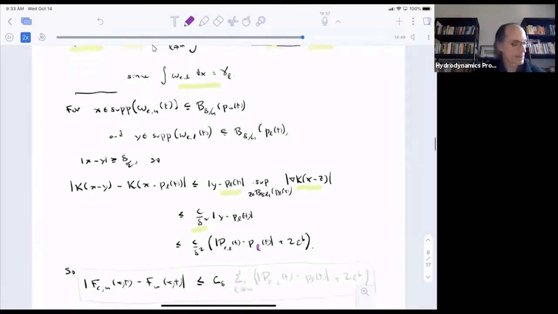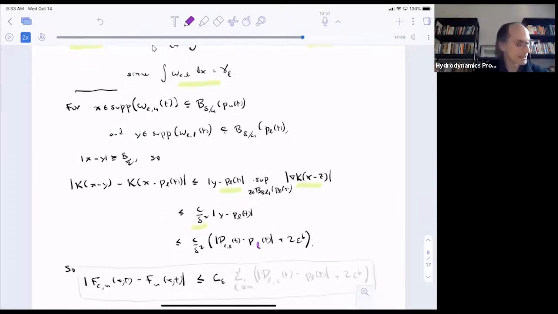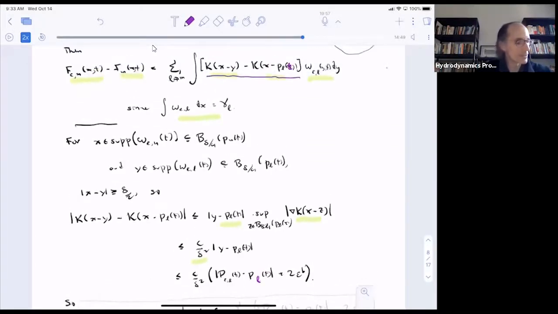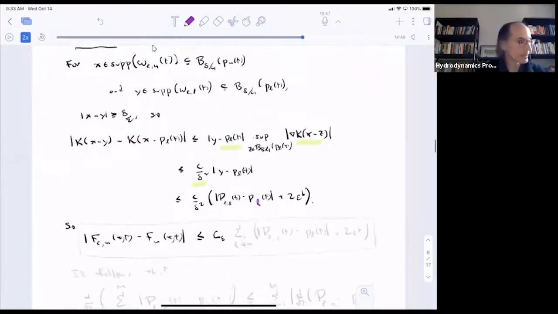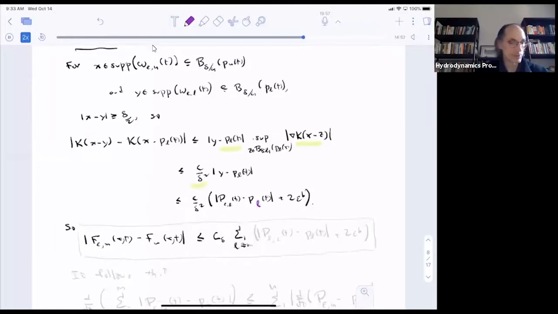Okay, and so then the conclusion is that if I combine, I have this expression up here for the difference of the background field in the PDE and the point vortex ODE, and that involves this integrand. If I insert this into here, then I will get the following estimate for the difference between the background flow in the mth blob and the function given by the point vortex ODEs.